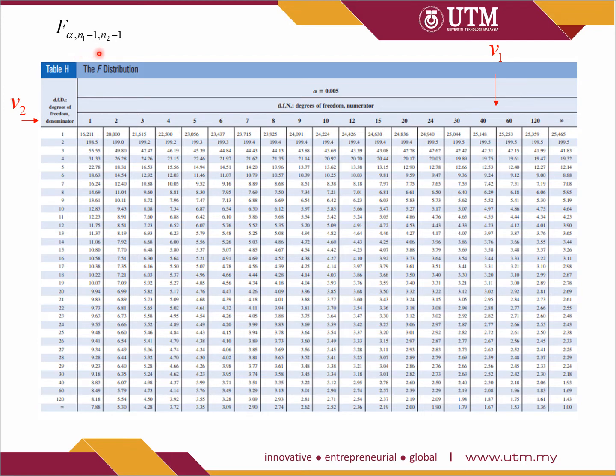Next, you should know the degree of freedom for the denominator, which is the last value here. Let's say you want to find the F value given alpha is 0.05, the numerator is 6 and the denominator is 4. The value is 21.97.